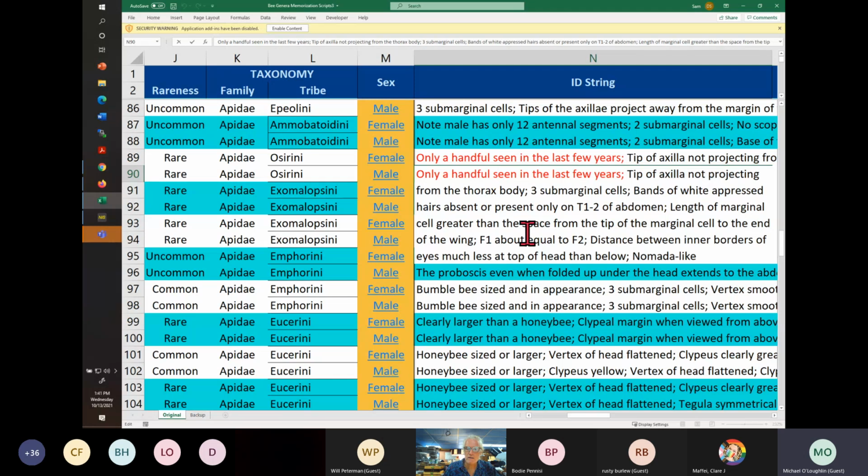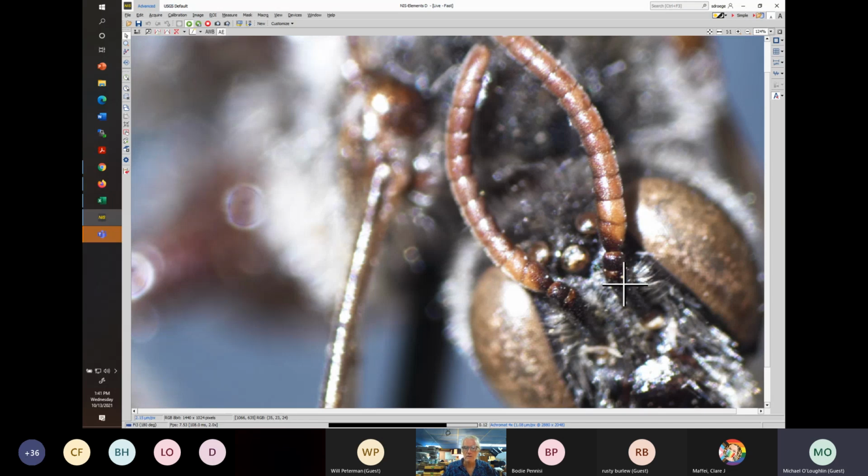If we look at the male thing, it's saying F1 about equal to F2, and we'll take a look here. So this would be scape, pedicel, F1, F2. Depending on where you're measuring things, that's roughly true, although F1 seems to be, to me, a bit longer, but they did say approximately.